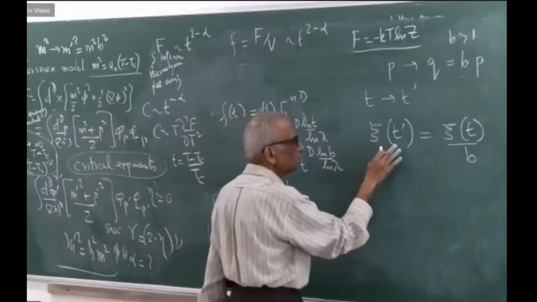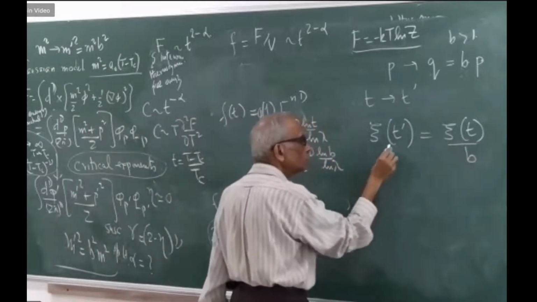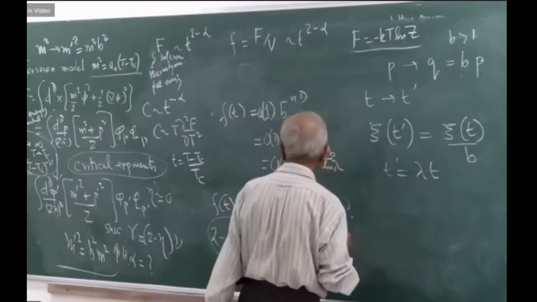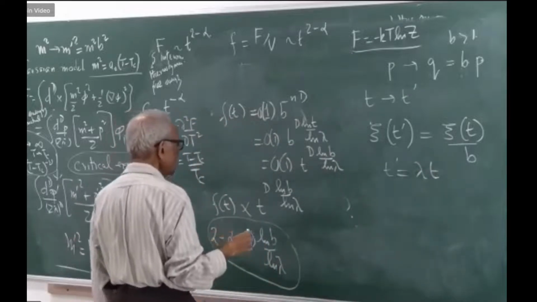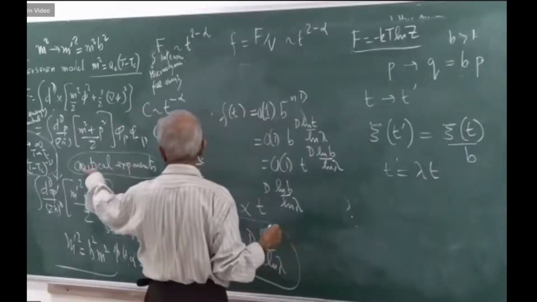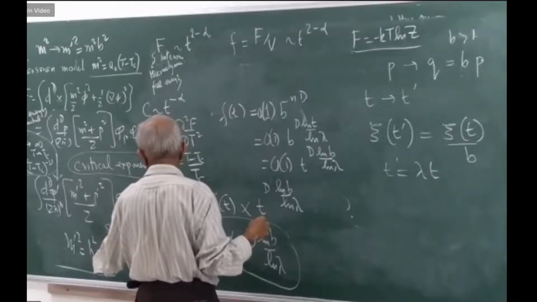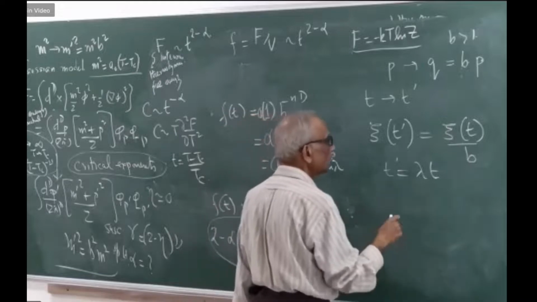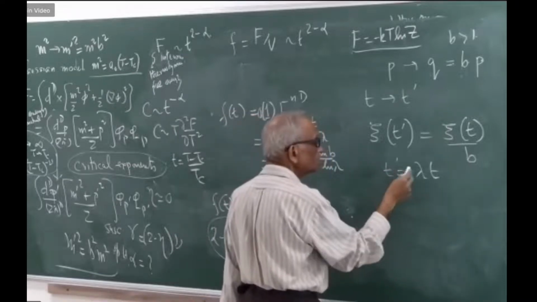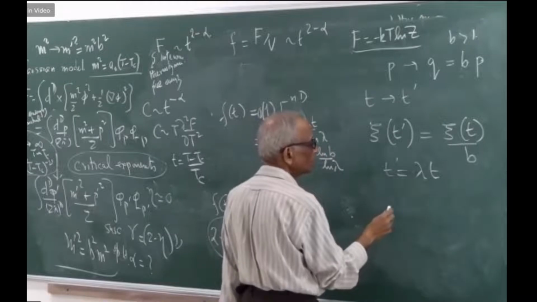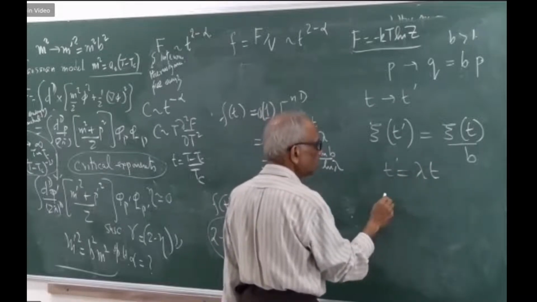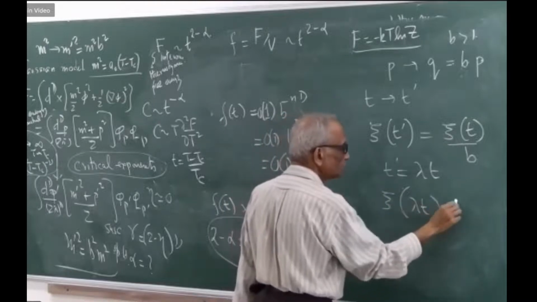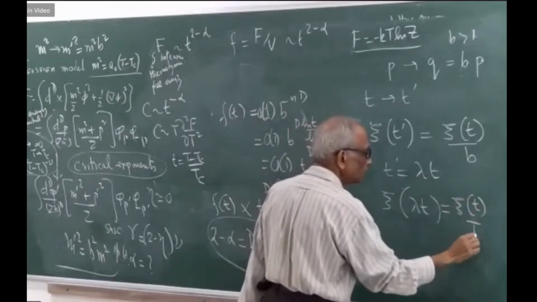So xi of t prime is xi over b. And t prime is equal to some lambda times t, as we have said, which comes from the statement that m prime squared is equal to b squared times m squared. So xi of lambda t is equal to xi of t over b.